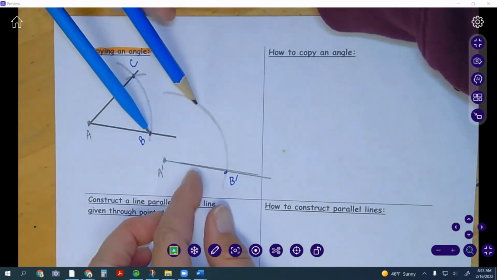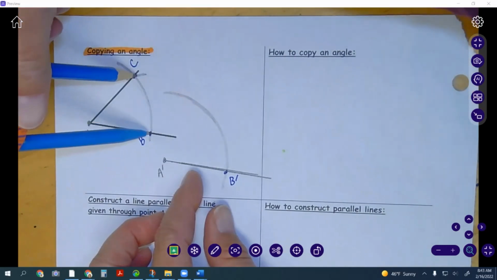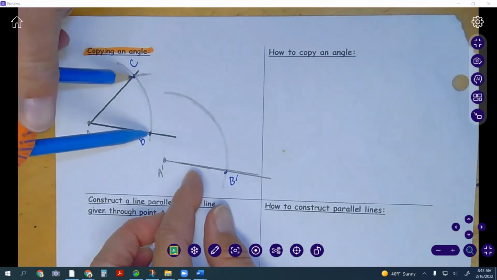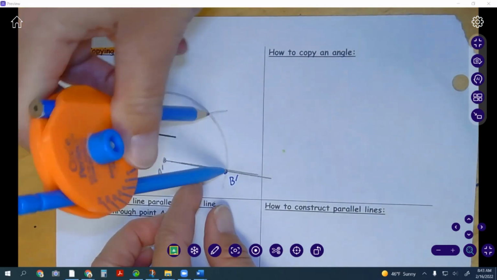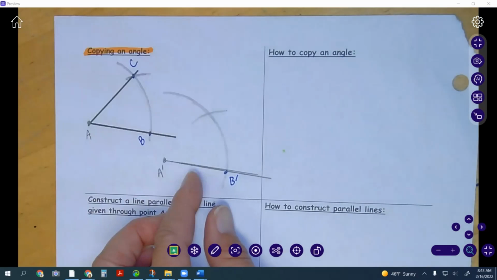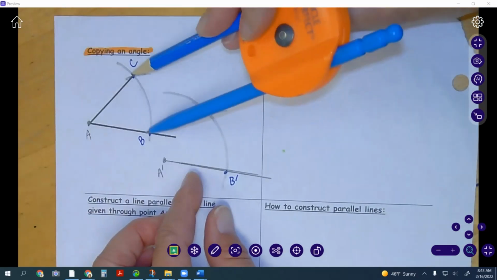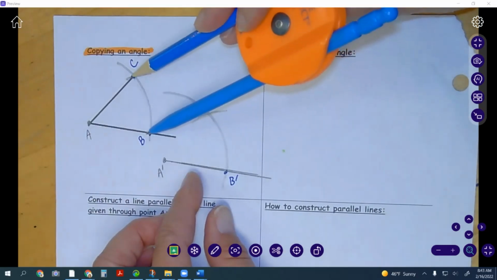So again, I did this at B. I got the measurement and then I made a mark. So I'm going to come here to B prime with that same radius and make a mark. I measured this, getting that as my radius from B to C, had to probably shift my compass.